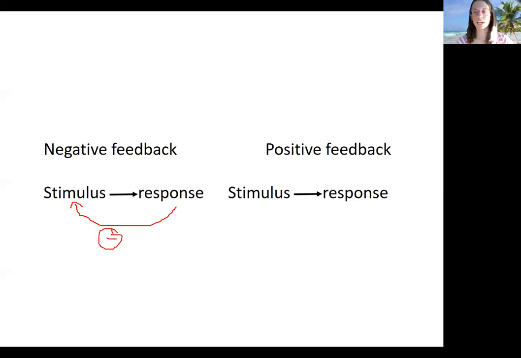So this is like the simplest diagram you could draw of negative feedback. Not super accurate, we don't have other components in there. But the idea is just to contrast the two here. Positive feedback, on the other hand, that response is acting to amplify the stimulus. So we've got a positive here.